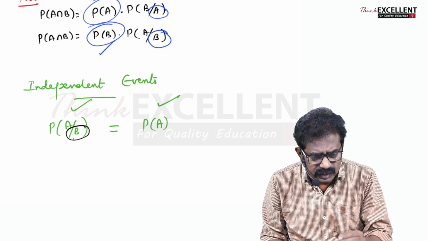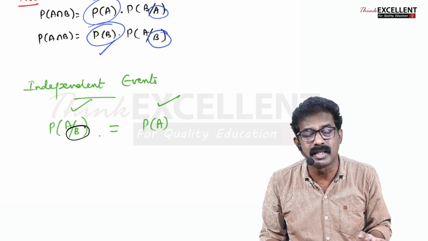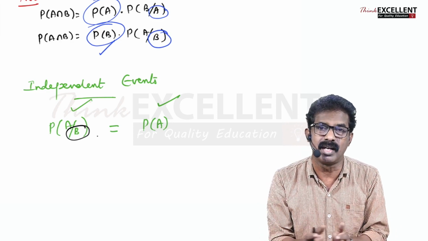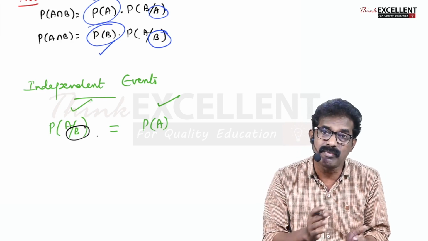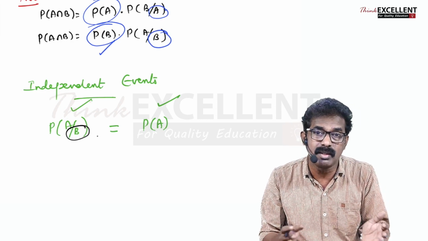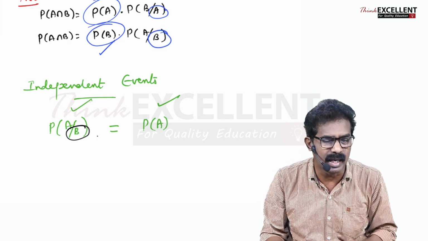When the condition is there, you get some answer. When the condition is not there, if you get the same answer, then this condition is not at all affecting A. So B is not affecting A. That means A is not depending on B. Then we say A and B are independent.